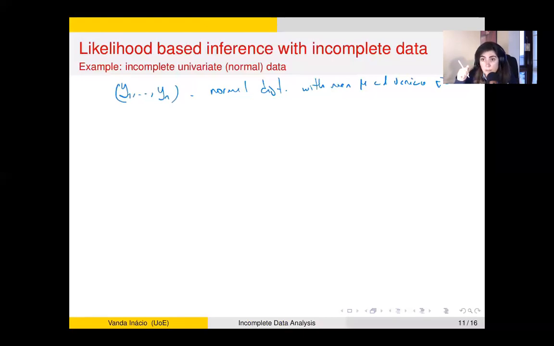Let's assume that we only have m observations available, and the remaining n minus m are missing. Without losing any generality, I can say that I observed the first m observations. I only have one variable, a univariate pattern, and the last n minus m are missing.